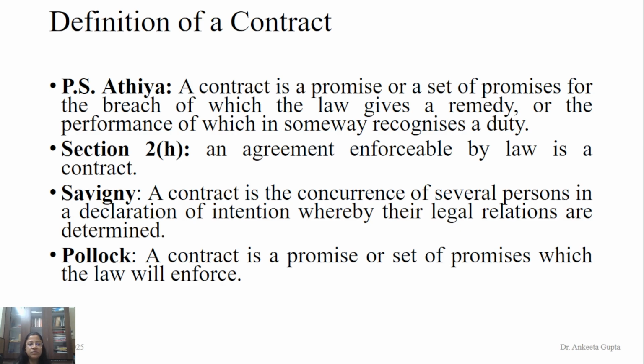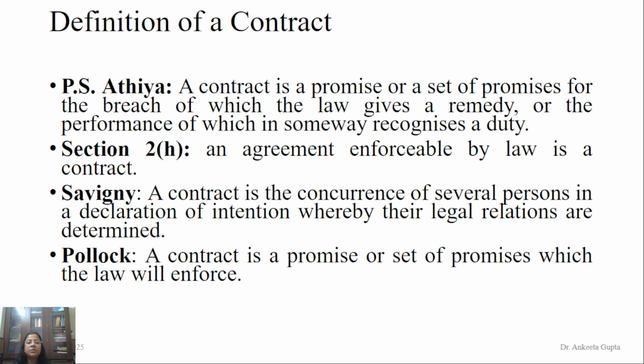Various definitions, for example, P.S. Atiyah, he says that a contract is a promise or a set of promises for the breach of which law gives remedy or performance of which in some way recognizes a duty. Like I just mentioned earlier, if there is a breach, for example, if it's a two-party agreement and one party has committed the breach, it means that the rights of the other party have not been duly fulfilled.